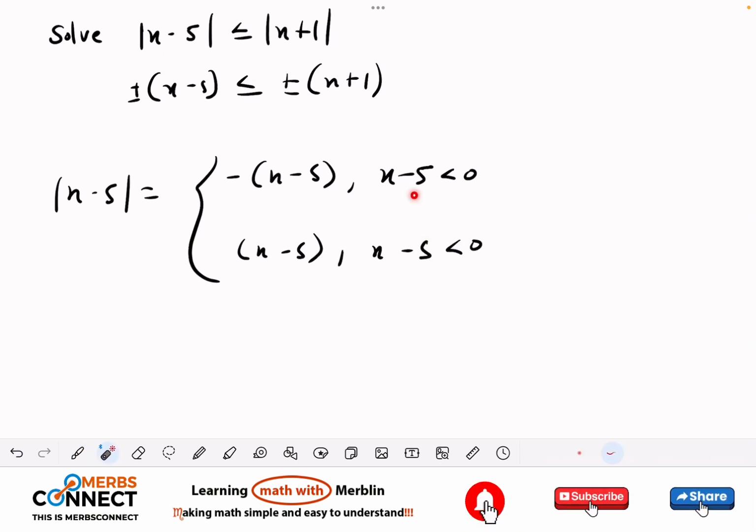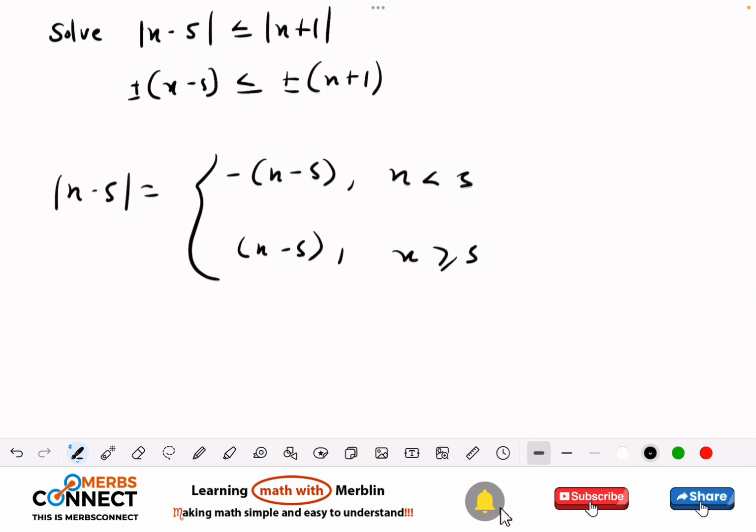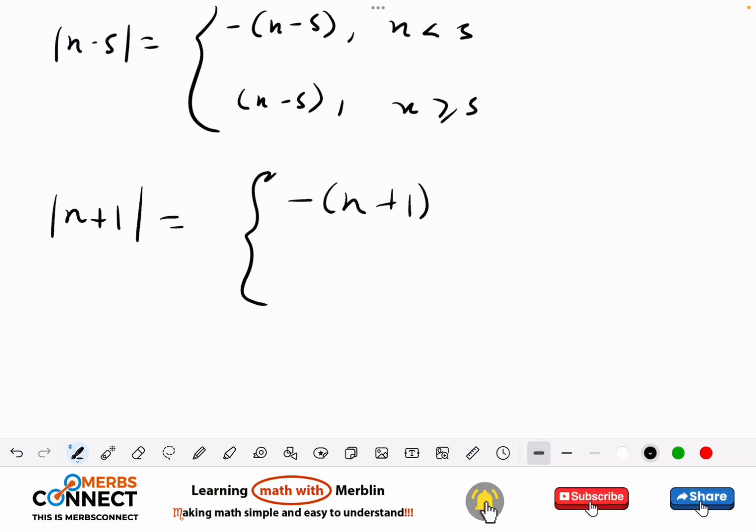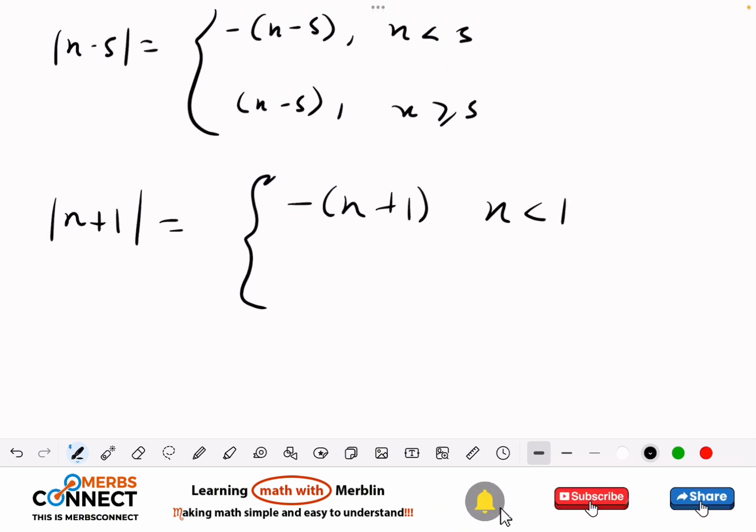So here when I move the 5 over, I'm going to have x less than 5, and x greater than or equal to 5, right? Then let's look at absolute of x plus 1. It is minus x plus 1 when x is less than minus 1.